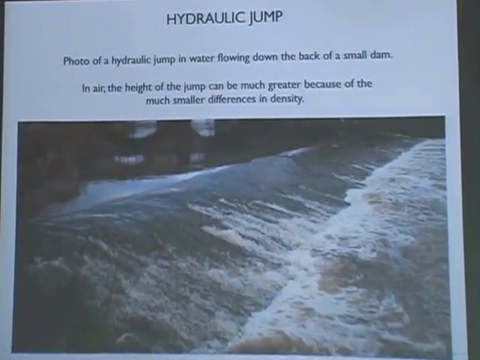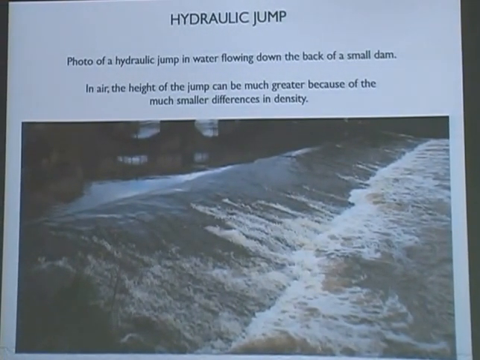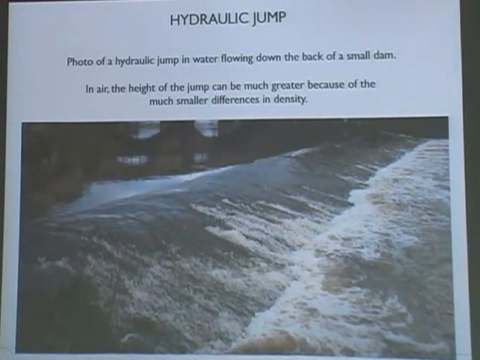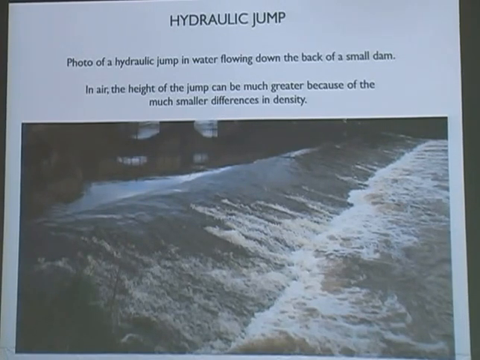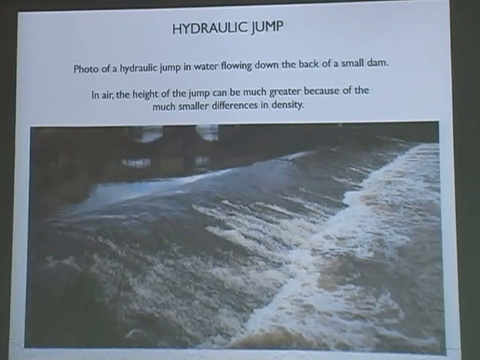hasn't been talked about a lot in wave flying is a hydraulic jump. This is a picture of water flowing over a shallow dam. The water is just a few inches thick as it goes over the dam and then flows downhill, accelerates as it goes downhill. And then at a certain point, it forms this jump.